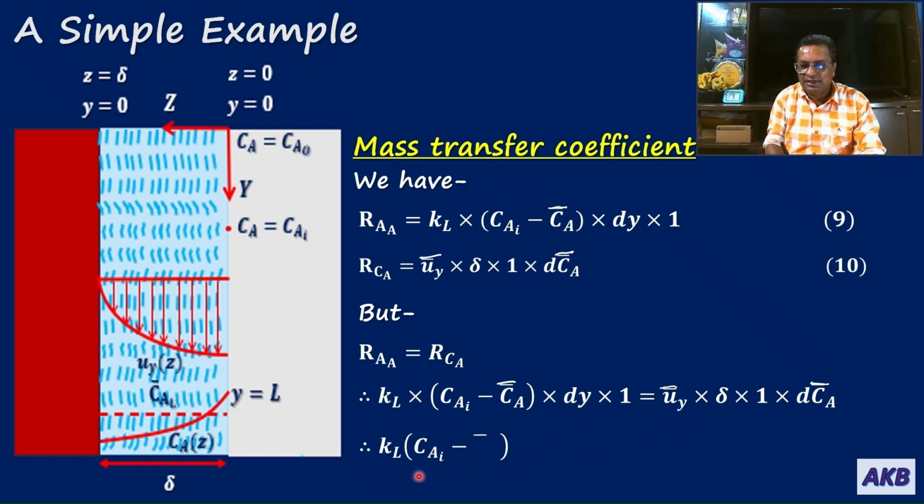We are using equations for each of the two, and then we get this. So it will be KL into CAI minus CA bar into dy on this side, and on the other side it will be Uy bar into delta into dCA bar. Let us continue with this.